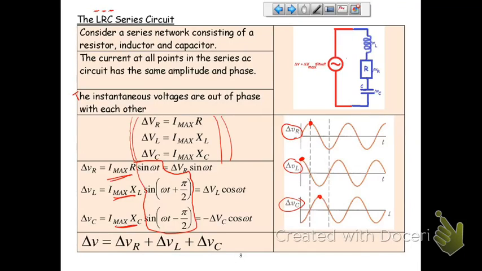But there's a problem, because the EMF is sometimes zero, and at that instant we don't get zero voltage in all these components. The reason is that these are vectors in phasor space, so we're adding them up vectorially.